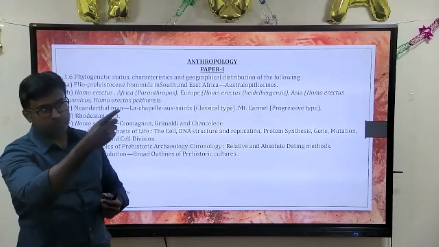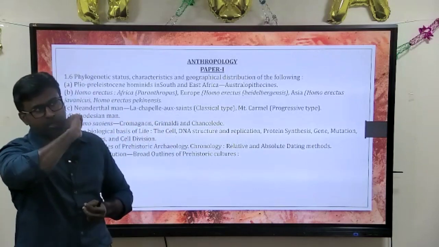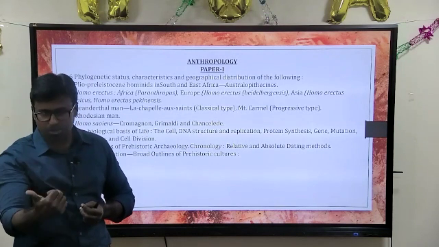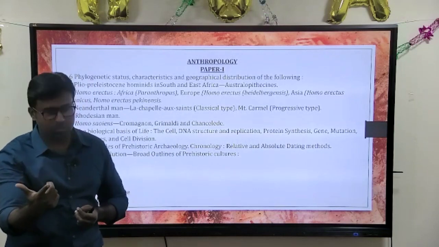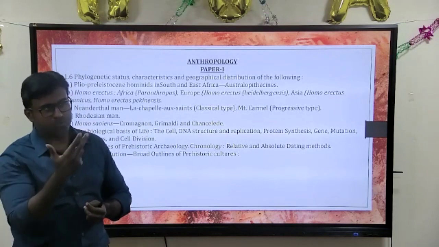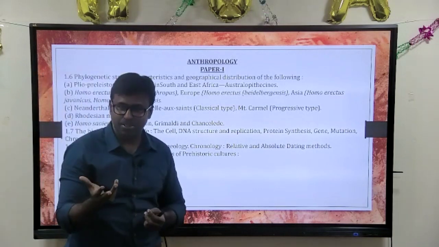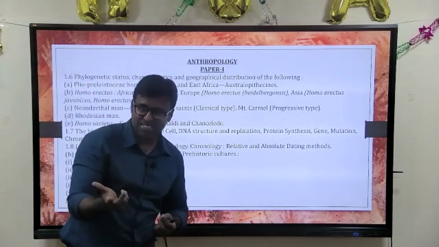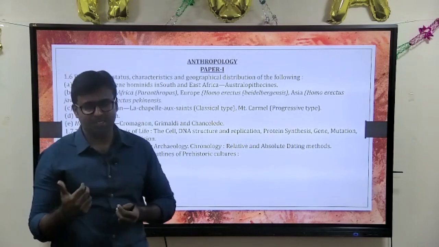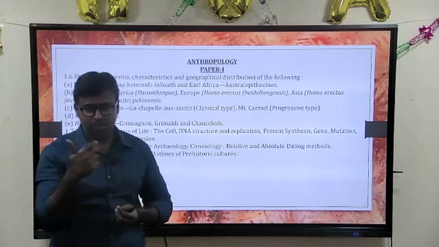We have to see from 7 million years. In that chart, it will be there. There is Sahelanthropus tchadensis, Orrorin tugenensis, Ardipithecus kadabba, Australopithecus anamensis, afarensis, africanus, Paranthropus, habilis, erectus, Neanderthals.